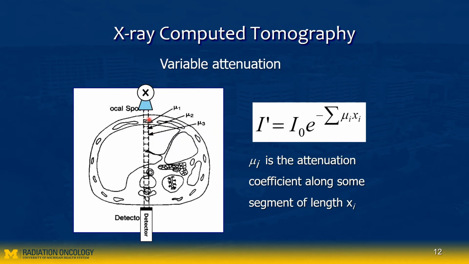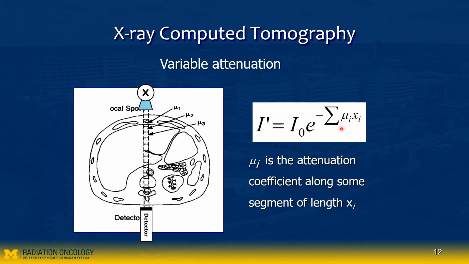But the human body is not water, right? Our human body has heterogeneity. In this example, we have a liver, some rib cage, a vertebral body, and some fat and tissue. If an X-ray, think of this as a pencil beam, goes through these different materials, how do you account for the attenuation?